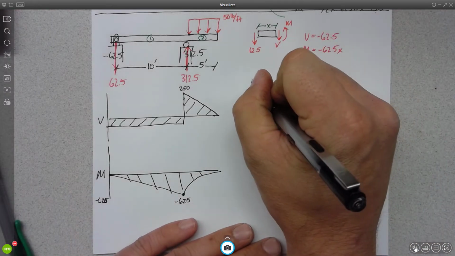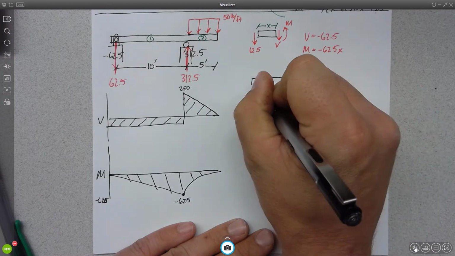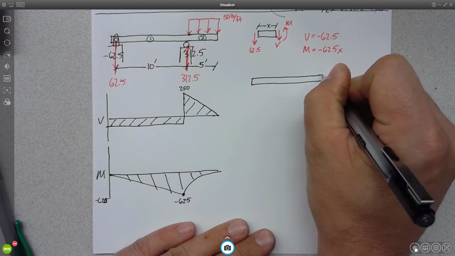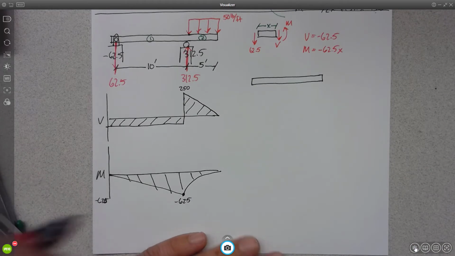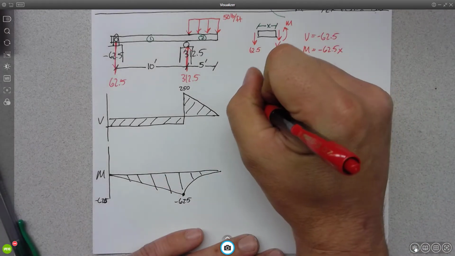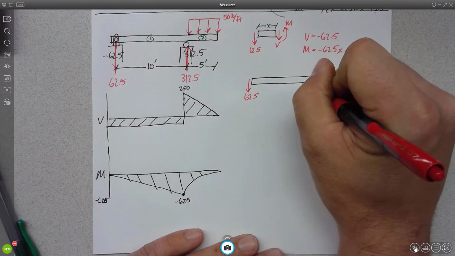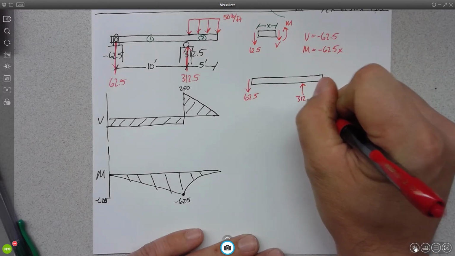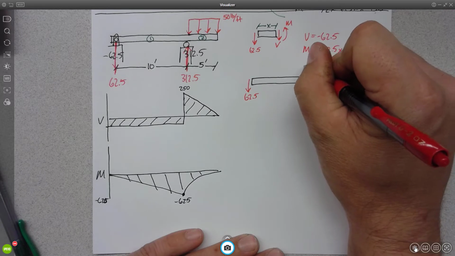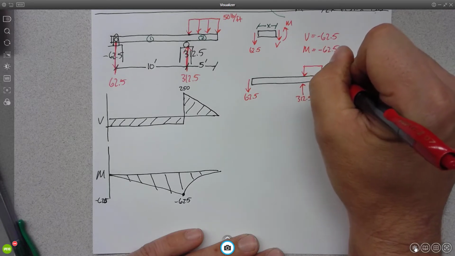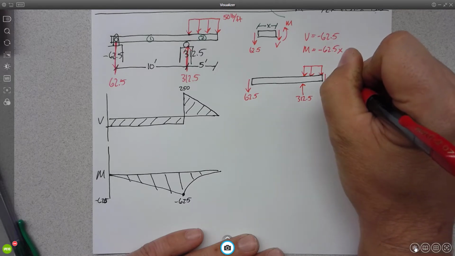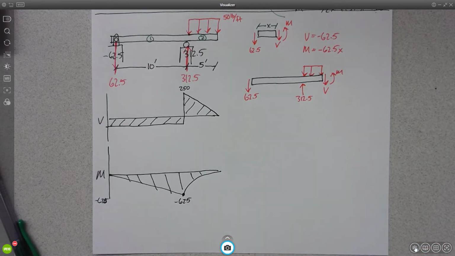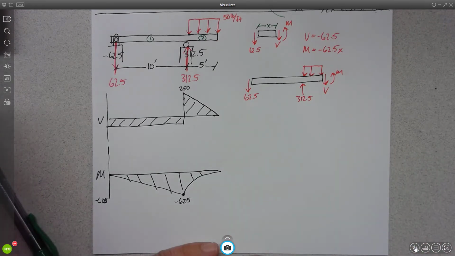Now let's go to the second area. Okay. Now I have to do some maths.